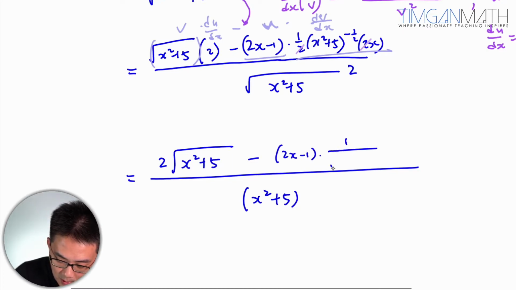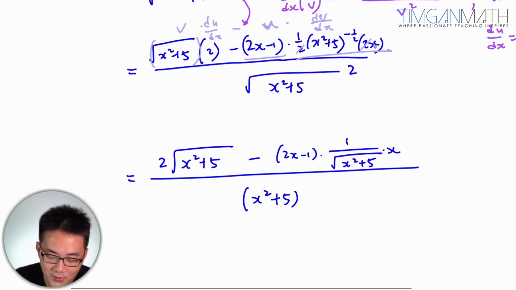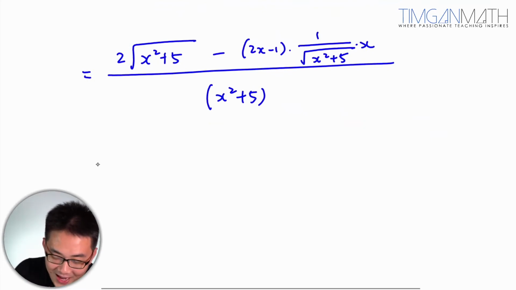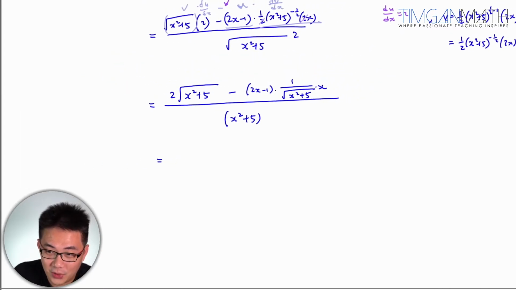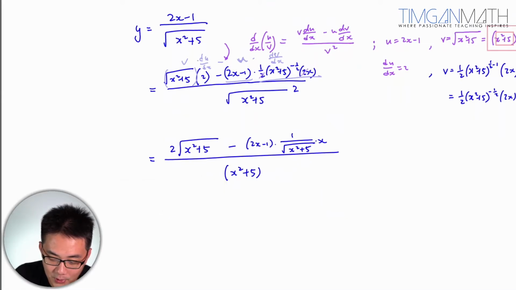This will just be 1 over square root x squared plus 5, times x. There you go. Now it's a fraction on top as well, so you make it a common fraction there, and try to substitute.